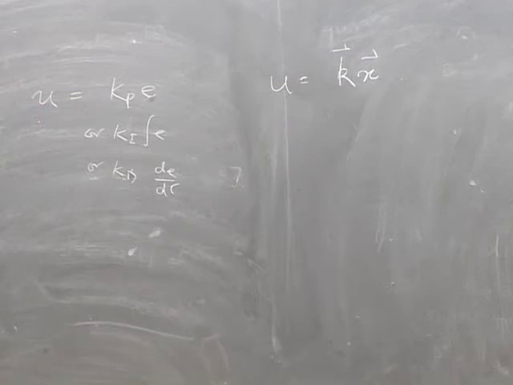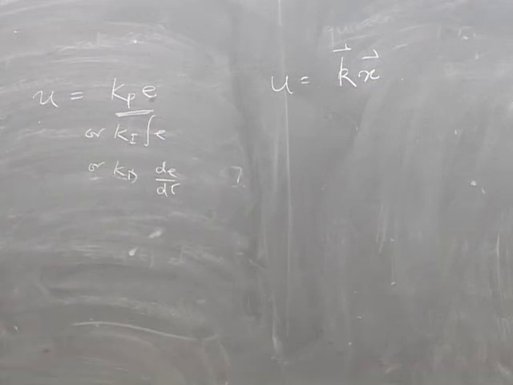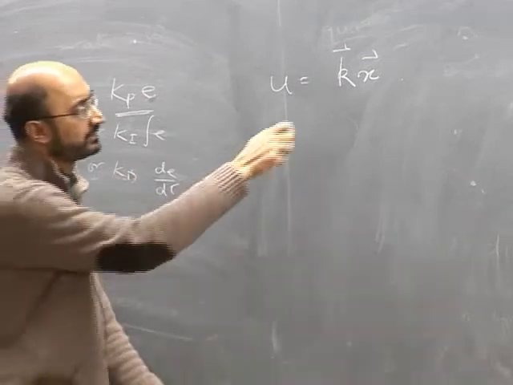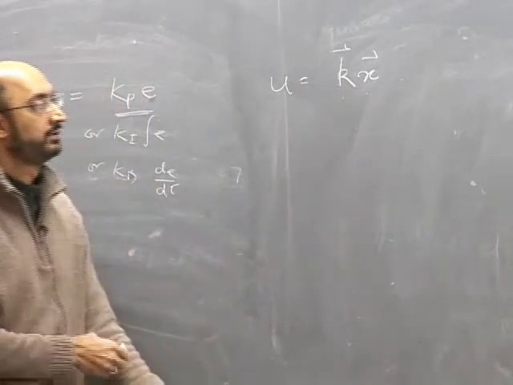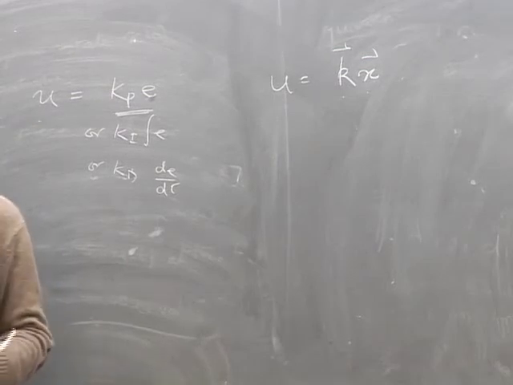Because it's a SISO system, so input is scalar, right? We still have a SISO system. So we're not taking it as a function of the error, but as a function of the state. That's the way we do it over here. And it's a constant multiple of the state. Again, that's the standard way of doing control.